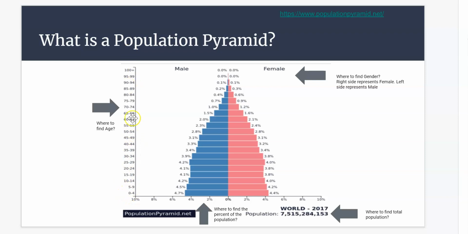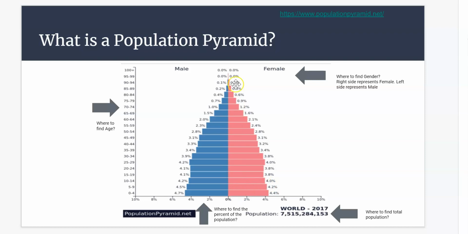Those are ages of people. Now we look at the axis running across here. You have what percent of the population. It's a little different because 0 is in the middle right here, and then it goes up by 2%, 4%, 6%, 8%, and so on.